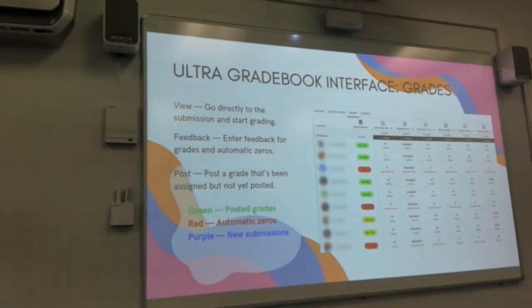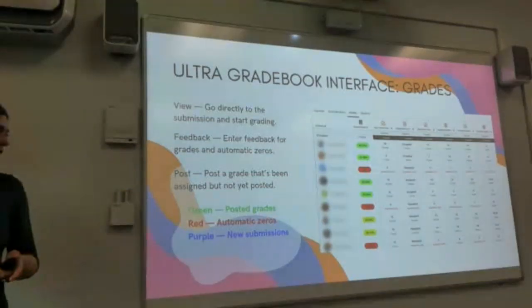If it's a paper that they've submitted, provide feedback on that. If it's a test, you can provide feedback on why they got an essay question or any kind of question wrong. And you can also post the grades.